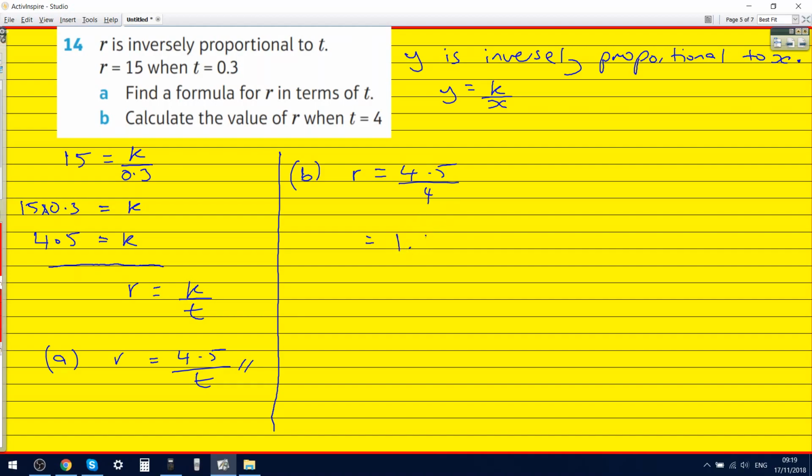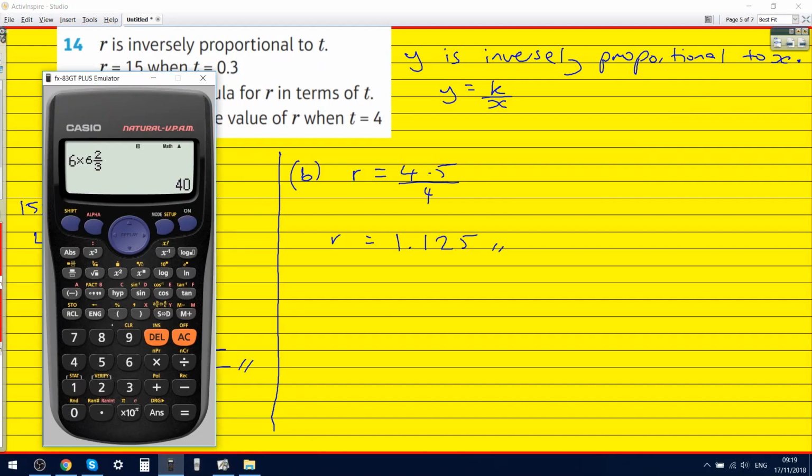And so that's, I think, 1.125. It's a calculator anyway. That goes in. Any questions there? Wait, so when they said inverse proportional, you don't actually have to do any dividing or timesing as such. You just need to know the equation.